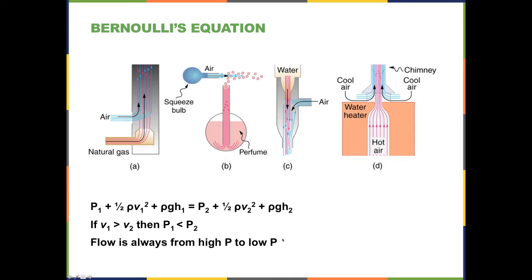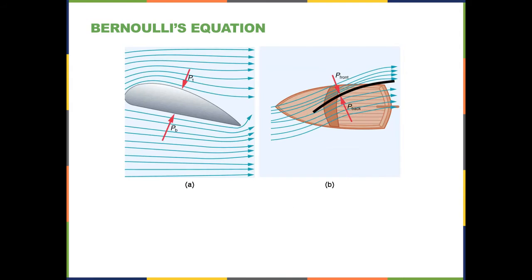Flow is always from high pressure to low pressure, so by inducing these changes in velocity, what you do is cause a pressure gradient, which gives you the desired flow. Now this is a situation where Bernoulli's equation is used to achieve a certain effect. It can explain how we get lift.